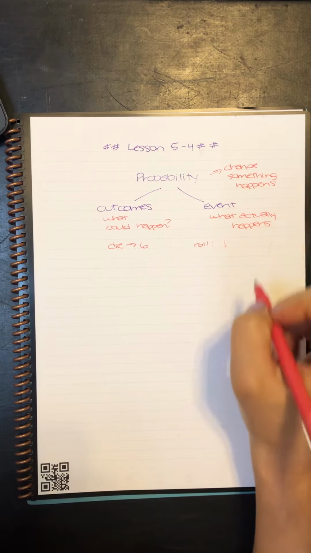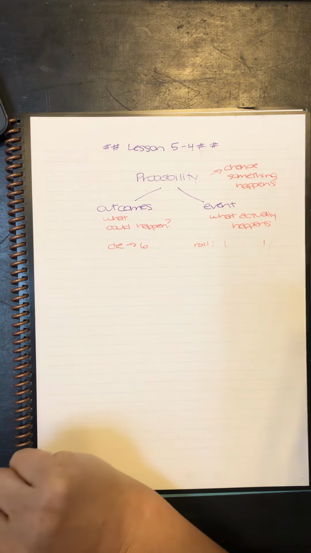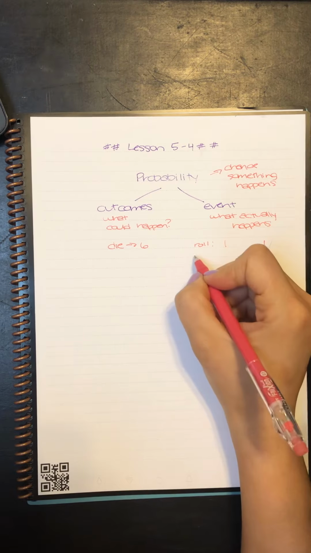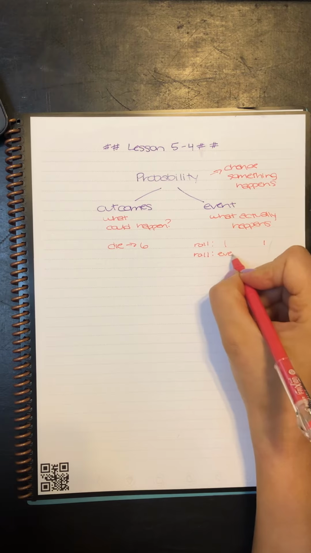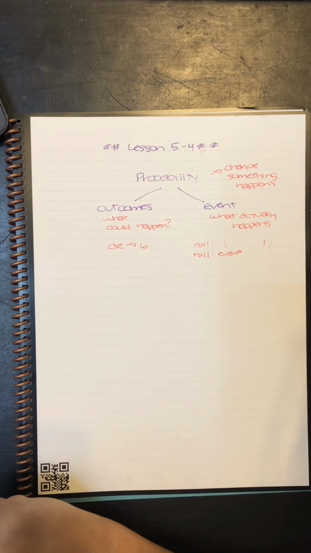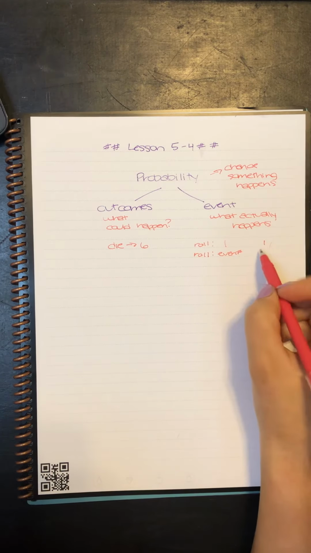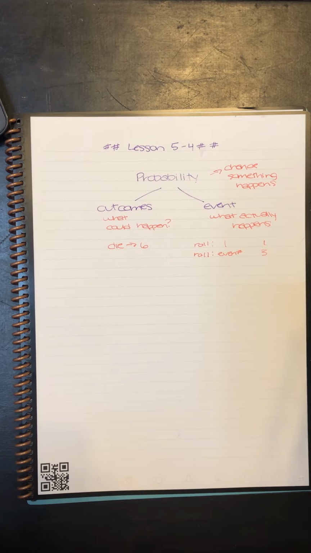Or I could say roll an even number. And because I have a 2, a 4, and a 6 on my die, that gives me 3 chances. And so that's 3 different events that could make it correct.